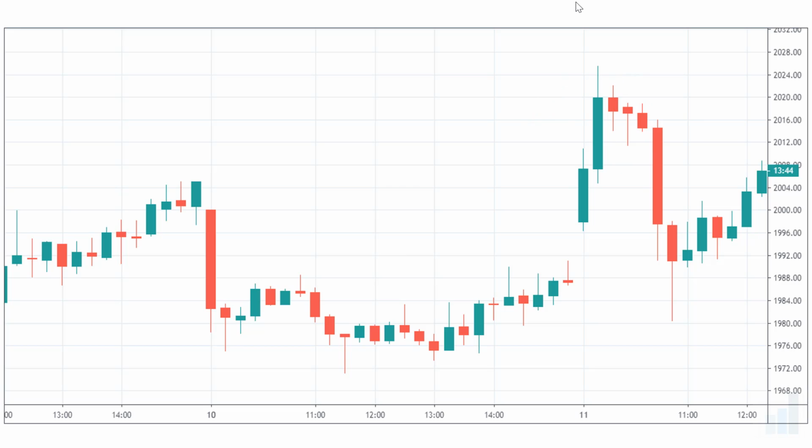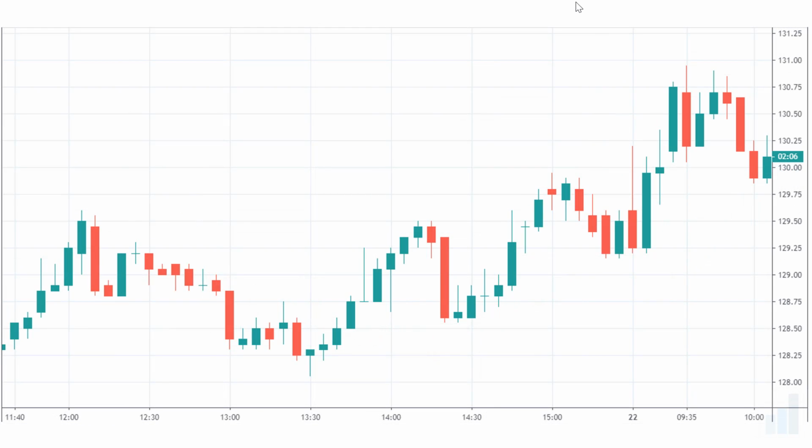Moving on to the next example, this hammer right over here is formed after a downtrend, so you can use this hammer to buy a stock. But the other two hammers that you see over here are not really an ideal setup for you to initiate a long position, because these types of hammer trade setups have a very low success rate, which you obviously do not want to trade.